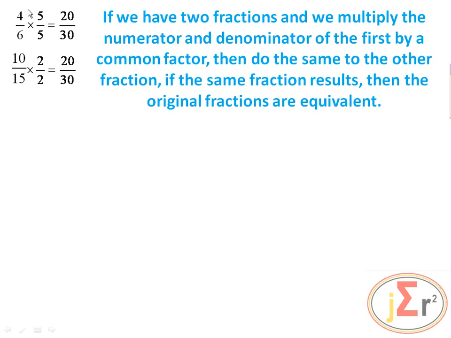So we multiply 4 over 6 by 5 over 5. 5 4s? 20. 5 6s? 30. Then we say 2 10s? 20. 2 15s? 30. Right. So we multiplied the two fractions that we had there, one by 5 over 5 and the other by 2 over 2, and the results are the same.